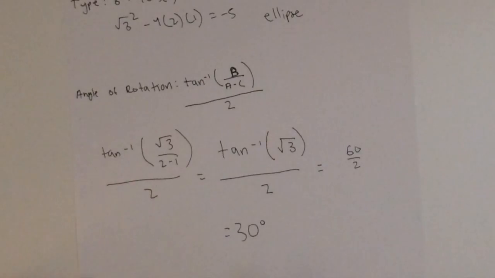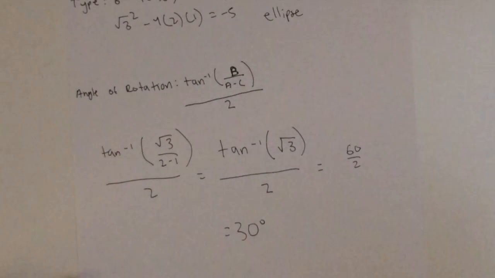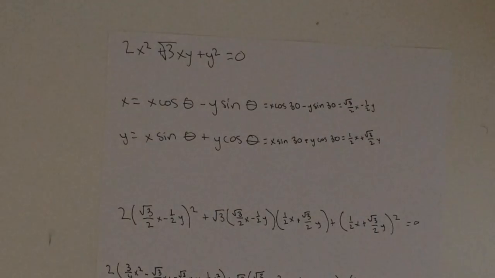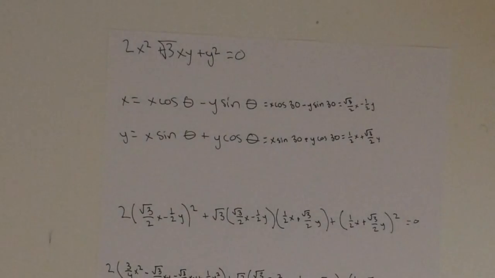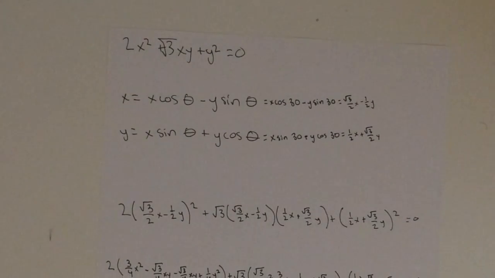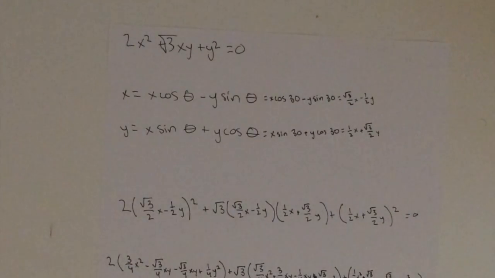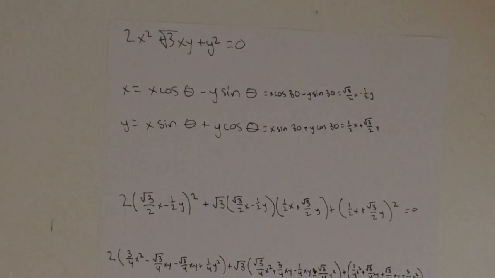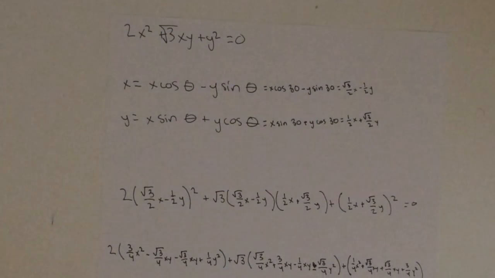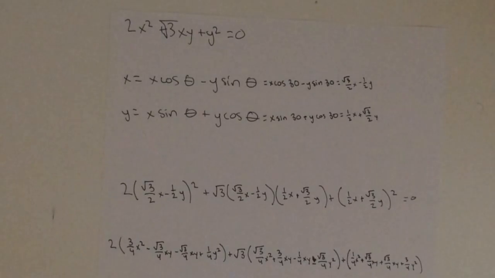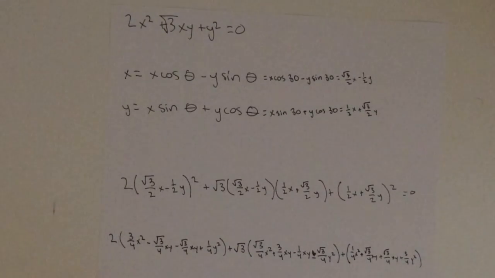We now know that the angle of rotation is 30 degrees. Now we substitute these equations for x and y in the original equation. We can use the angle of rotation that we found as theta.